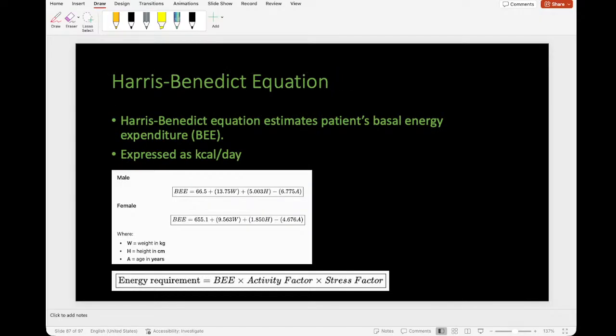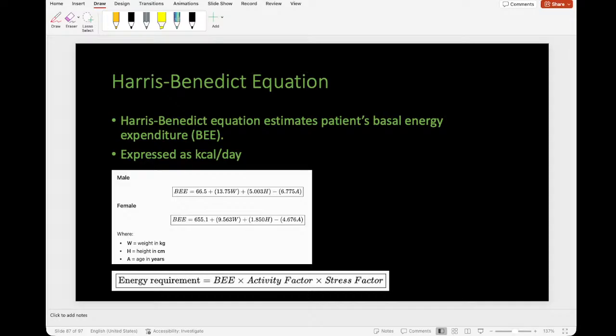Then the Harris-Benedict equation is used to estimate the patient's basal energy expenditure, and it's expressed as kilocalories per day. You can see here there are differences between male and female. This is something I did not have to memorize, so most likely you won't have to memorize it in your pharmacy program exams.